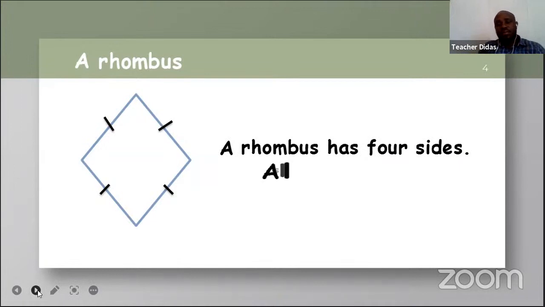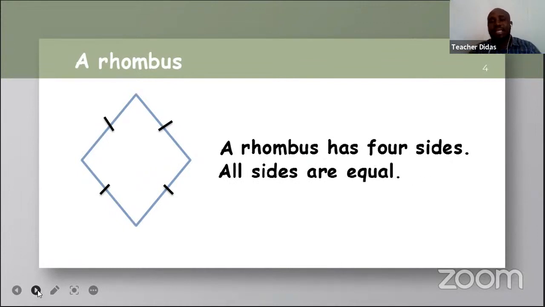All the sides are equal, although the sides are a little bit slanting. Okay, so that is it with the rhombus.